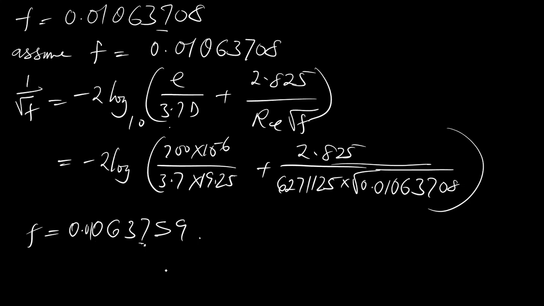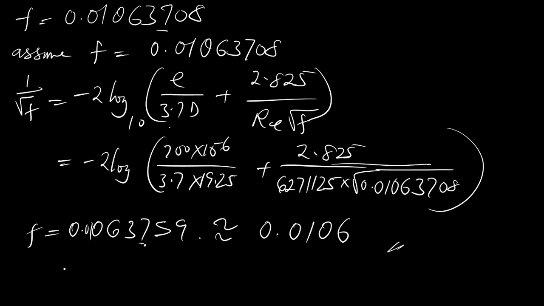So that means we can now say our final answer. We can approximately say our final answer is 0.0106. This is the final answer to 4 decimal places.